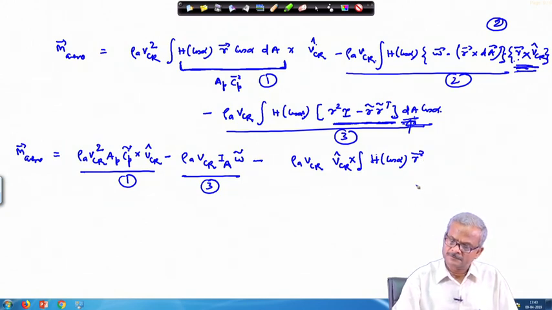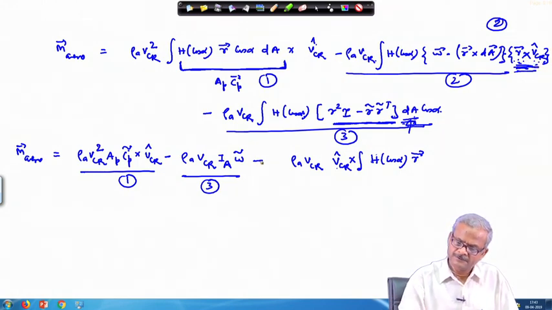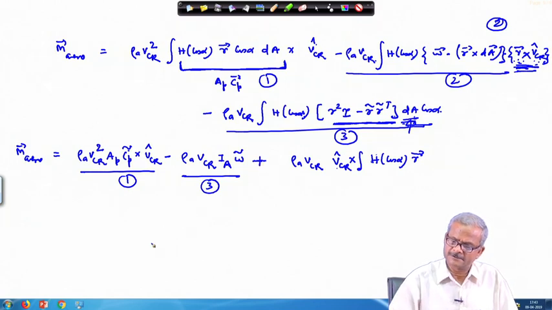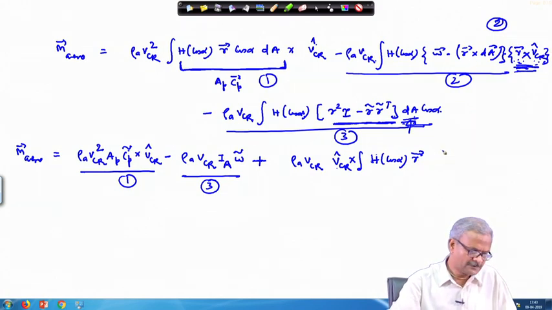What we have done is that R cross V_CR, which we are writing as V_CR cross R, so a minus sign will appear. This minus minus will make it plus. But again we are going to change it, as we will see here. We are going to put it in a particular order.